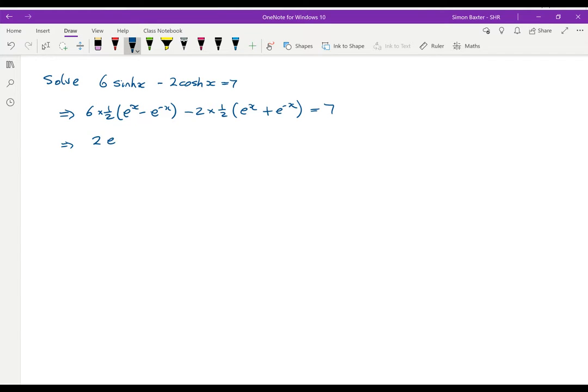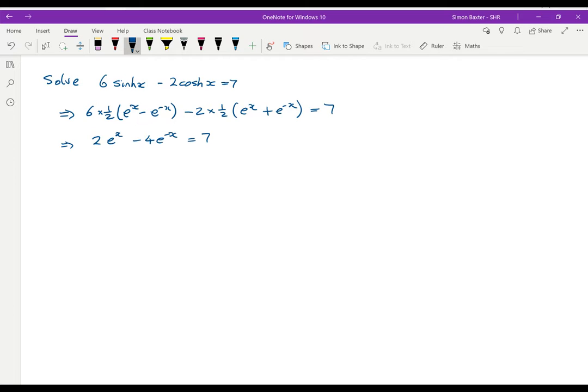So that's 2e to the x. Minus 3e to the minus x in the first bracket, minus e to the minus x in the next bracket. So that gives me minus 4e to the minus x equals 7.